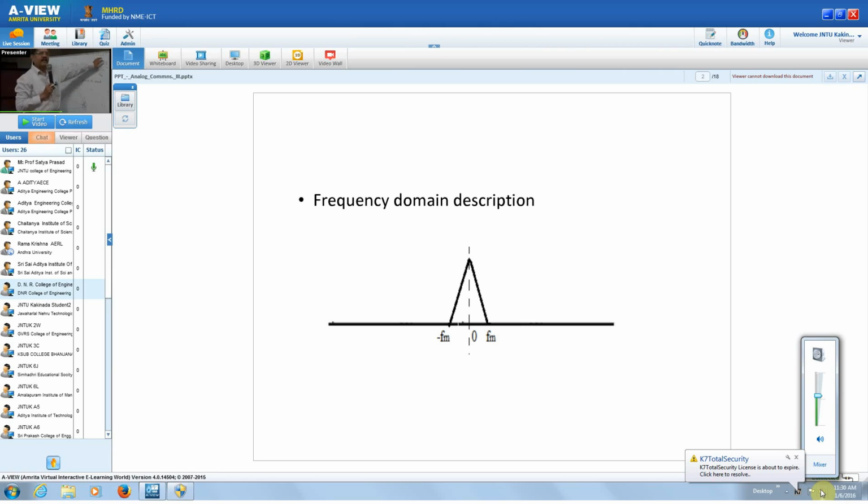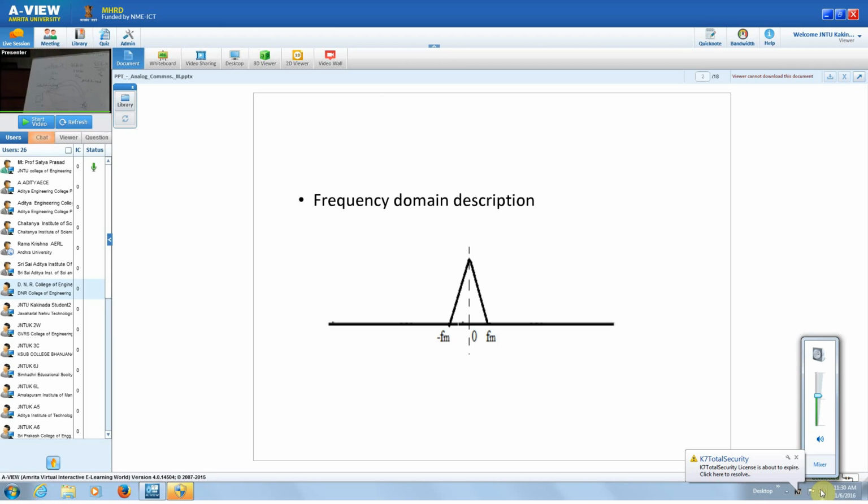Because here in SSB we have only one sideband, whereas in DSB we have two sidebands, FC minus FM and FC plus FM. So two frequencies, and the phase variations of these two frequencies mean that selective fading is more effective in the case of DSB compared to that of an SSB signal.